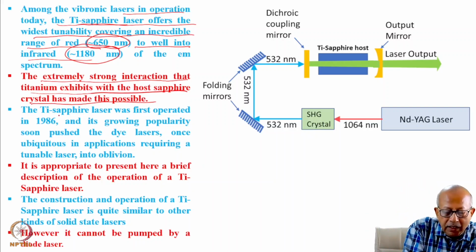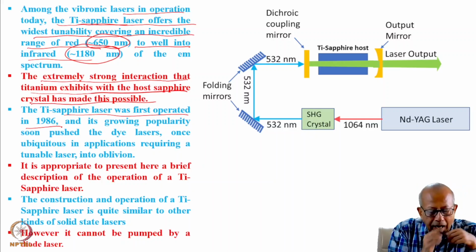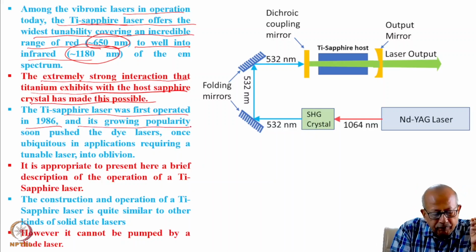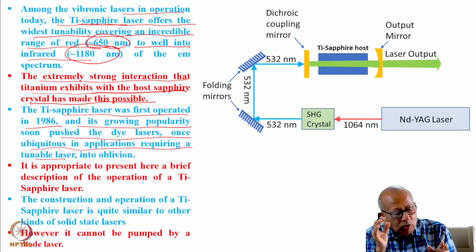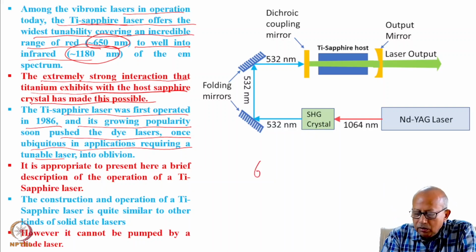Now, the titanium sapphire laser was first operated in 1986, and its growing popularity soon pushed the dye lasers, once ubiquitous in applications requiring a tunable laser, into oblivion, because a single dye laser would not give you such enormous tunability.